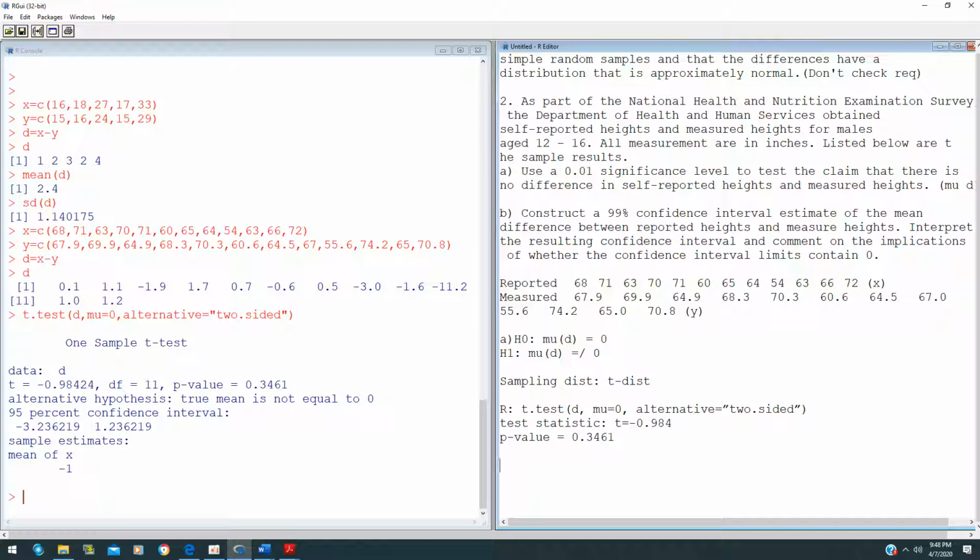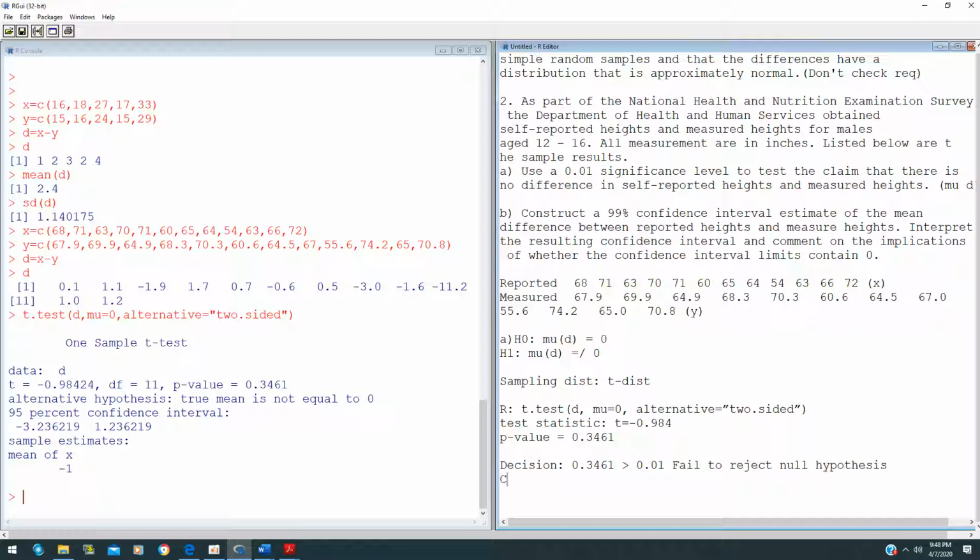So this is how we find your test statistic and p-value, and then the decision comes next. Since your p-value is 0.3461 and alpha in this case is given as 0.01, we know that your p-value is greater than alpha, so we will fail to reject your null hypothesis.